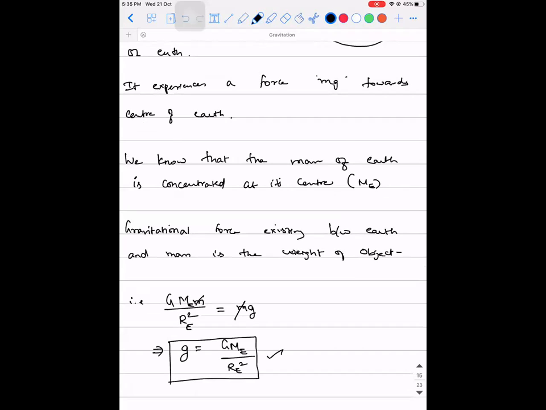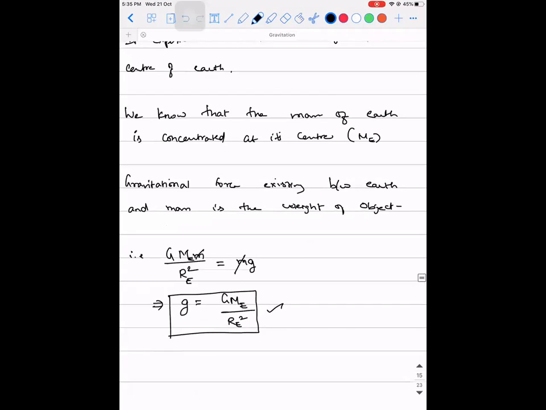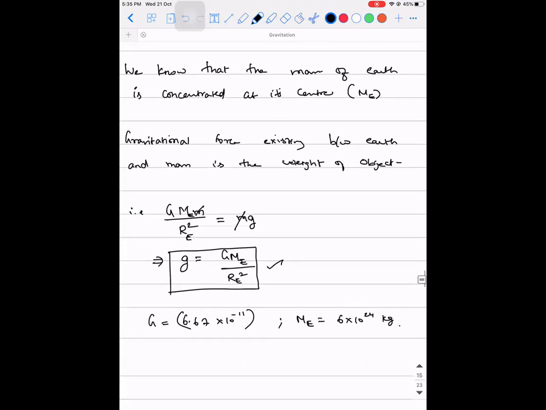Now if you take the value of g, so what is the value of g, guys? Sir, what is RE square, sir? Radius of Earth. G is 6.67 into 10 power minus 11. Mass of Earth is 6 into 10 power 24 kilogram.